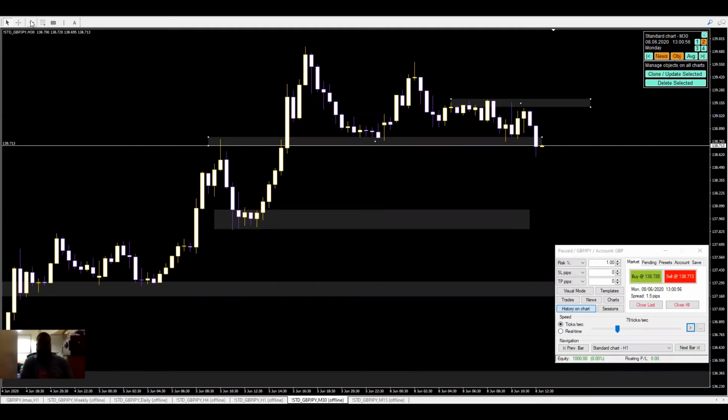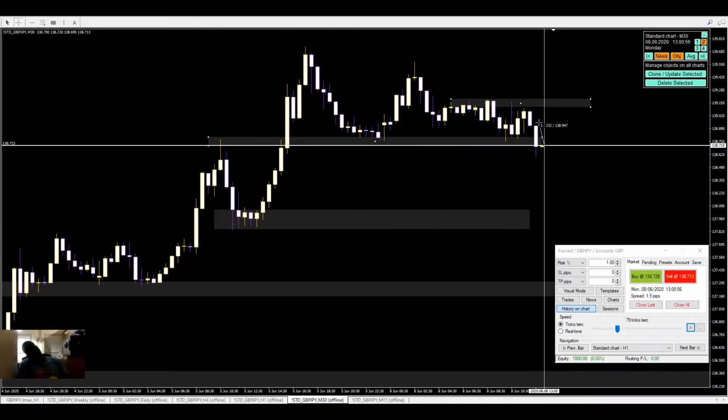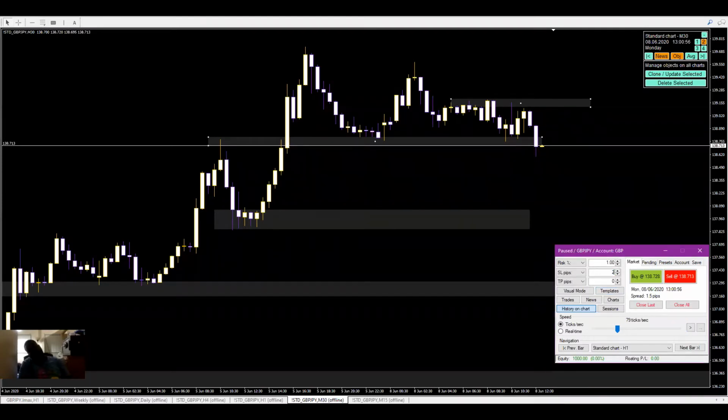Now, we could take a low risk. Like I said, it's Monday. You want to keep your risk low, but it makes sense. If we were to go ahead and sell this right now, I would put my stop loss above this current candle. And the market was moving crazy, so 23 pips was really nothing, but this will be a 23 pip stop loss and I'm risking 1%, right?